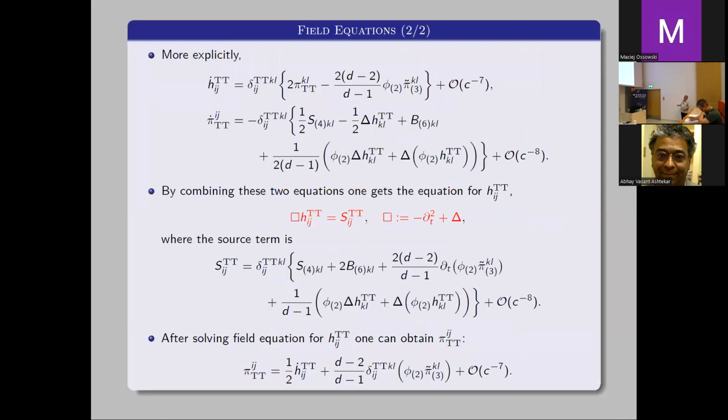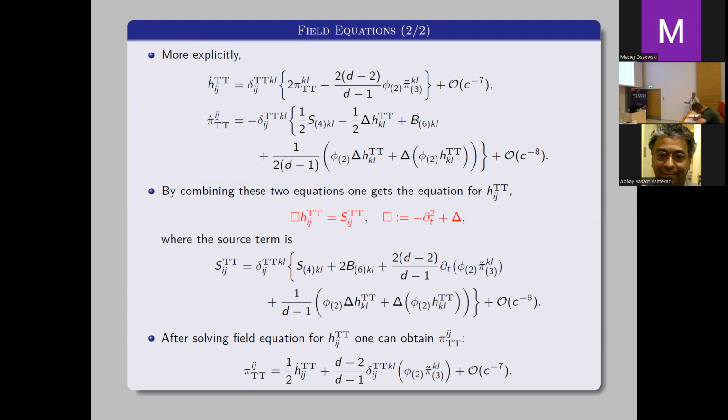This is a simple exercise. And this is a more explicit form of these equations. And you see that by differentiating with respect to time the first equation and using the second one, one easily combines these two equations into the form of wave-like equations, where box means the flat spacetime d'Alembert operator.